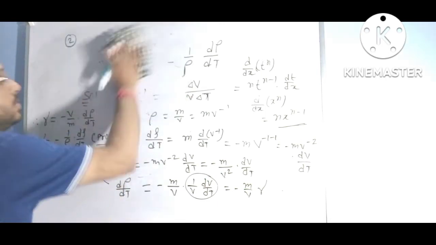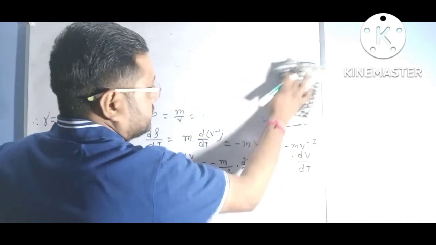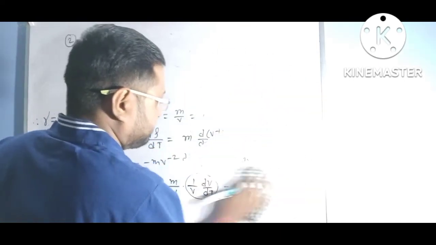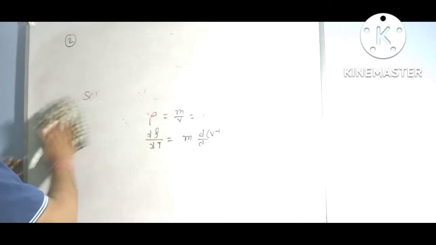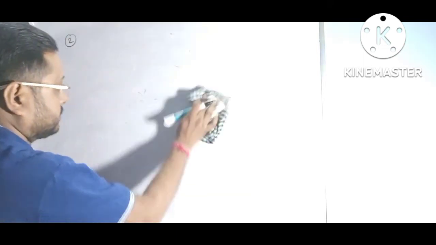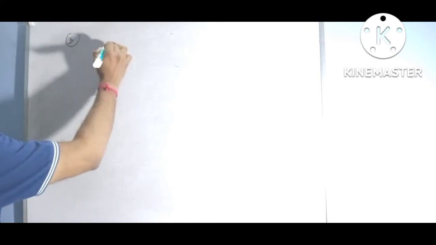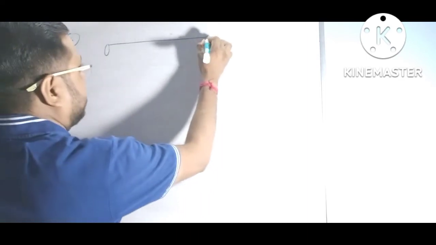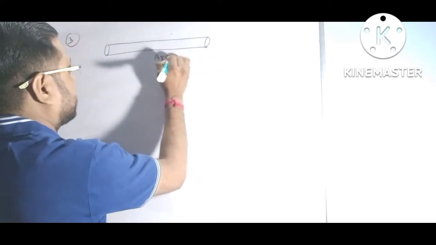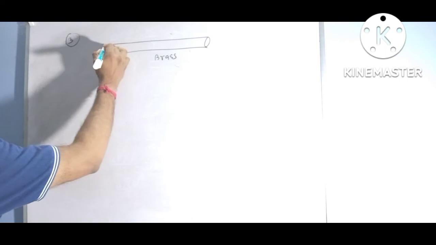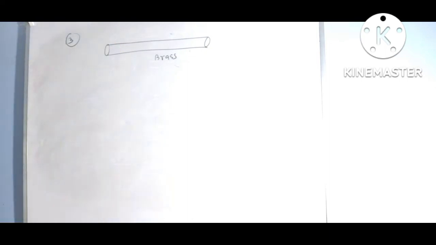Next we go for the third problem. A metal rod or a brass rod is measured by a steel scale.